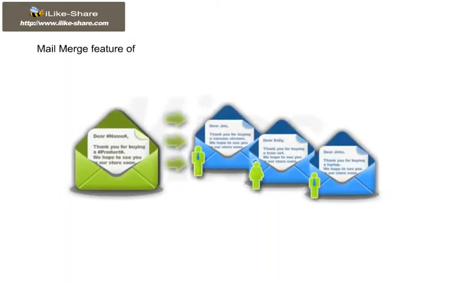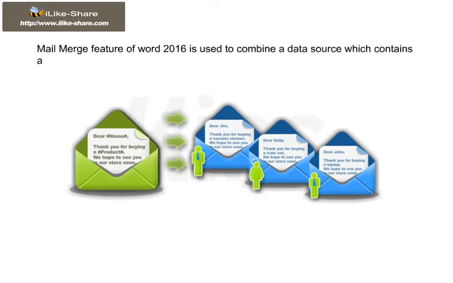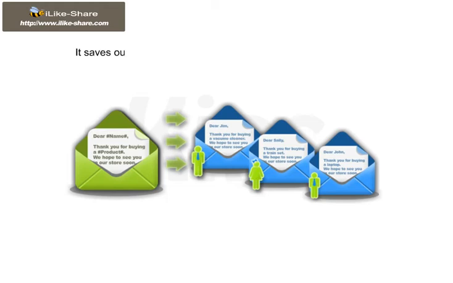Mail Merge feature of Word 2016 is used to combine a data source which contains all the addresses with the main document. It saves our time and energy to send letters at multiple addresses. Data source.